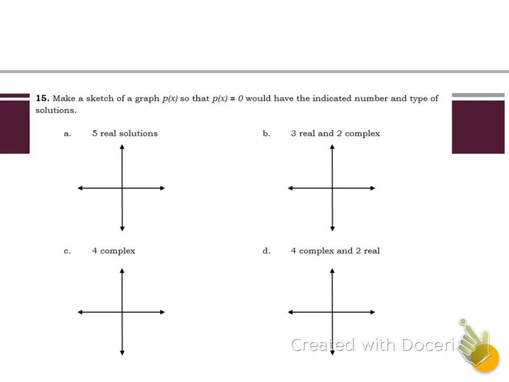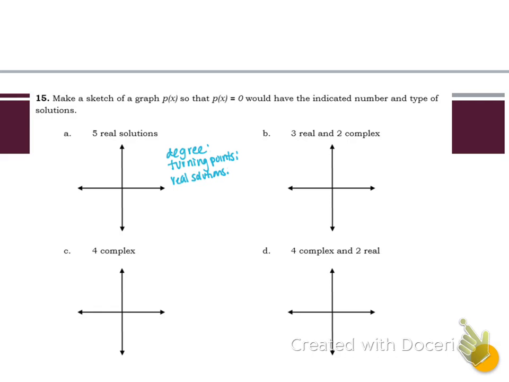All right, make a sketch of the graph with the indicated number of solutions. Okay, so first off, we are going to find our degree. Then we are going to find out how many turning points I have. And then we're going to find out how many real solutions cross the x-axis.